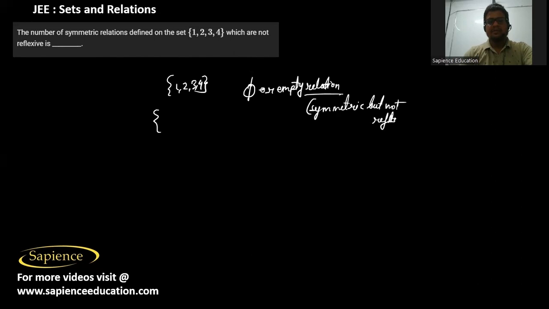So the empty relation also we can take, and then not reflexive, it means we can take (1,2) and (2,1).